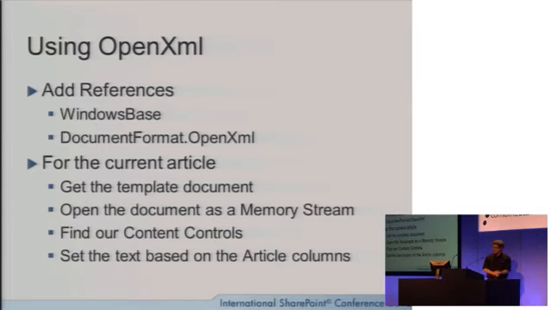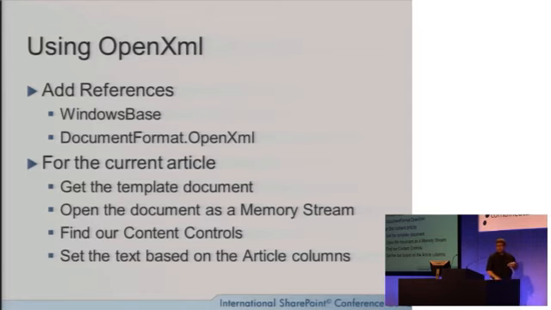So how do you actually use the Open XML SDK? It comes as a redistributable MSI, which basically installs a few DLLs onto the GAC. The ones that are important to us are mainly around DocumentFormat.OpenXml. When you're using it in your code, you also need to make sure you add WindowsBase.